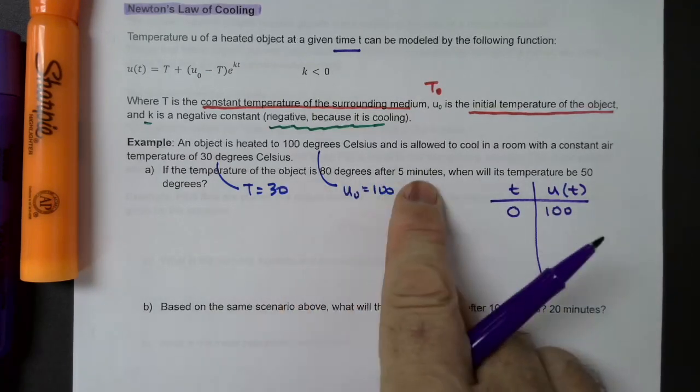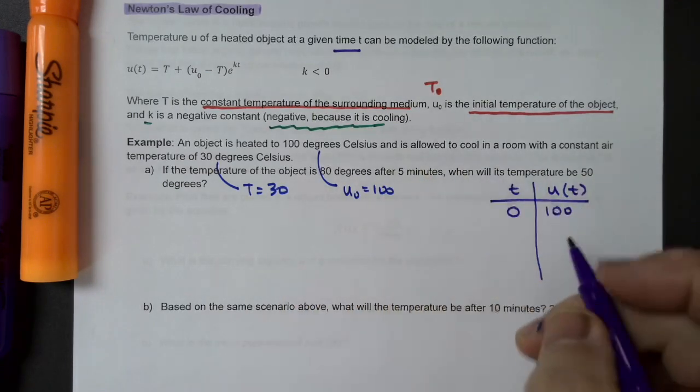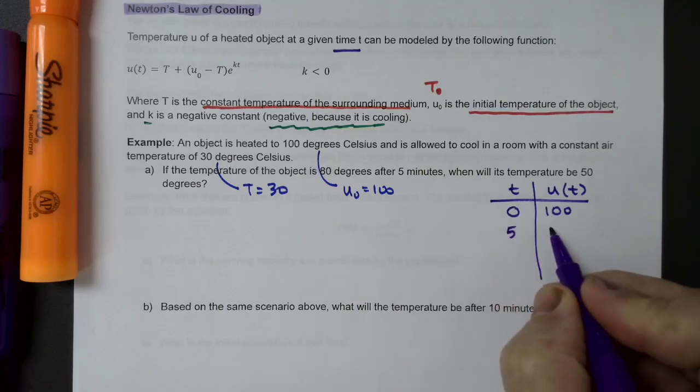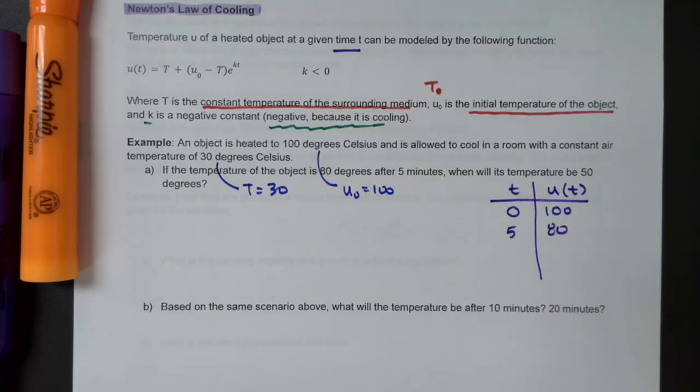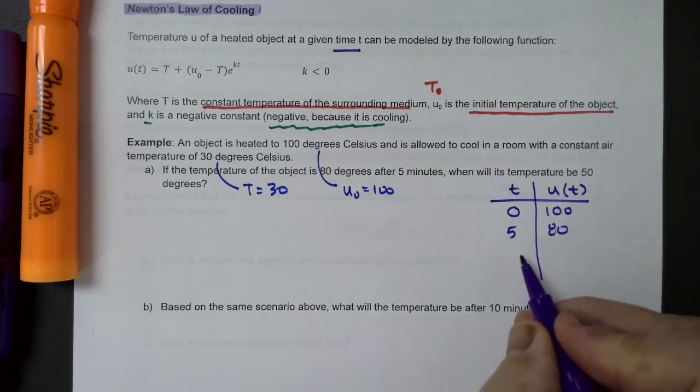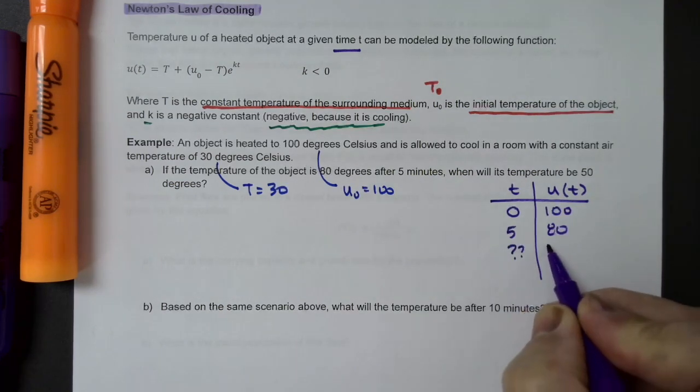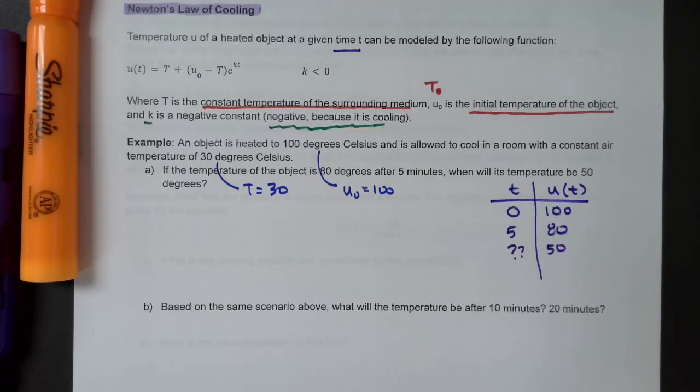The second point is that after 5 minutes, we're at 80 degrees. And then it's asking us, when will the temperature be 50? So this is what we're solving. Like I said, make a T-table. It just helps you organize your thoughts and organize your way of attacking this.